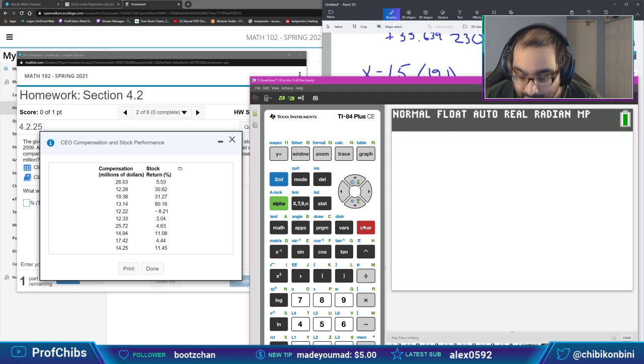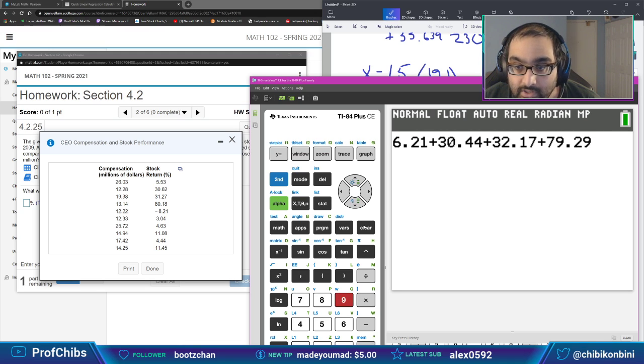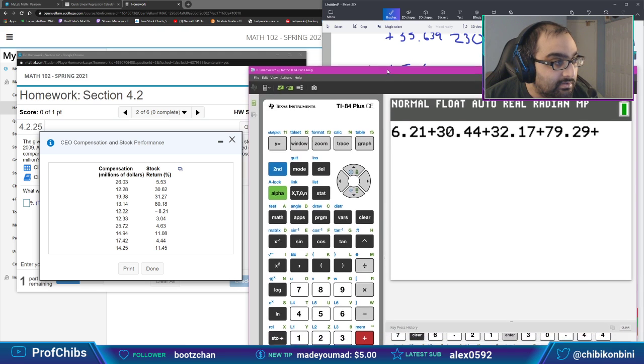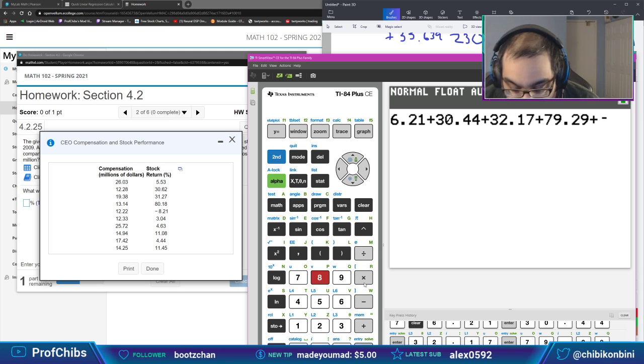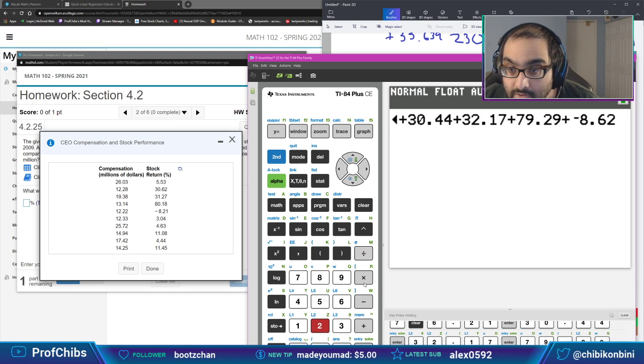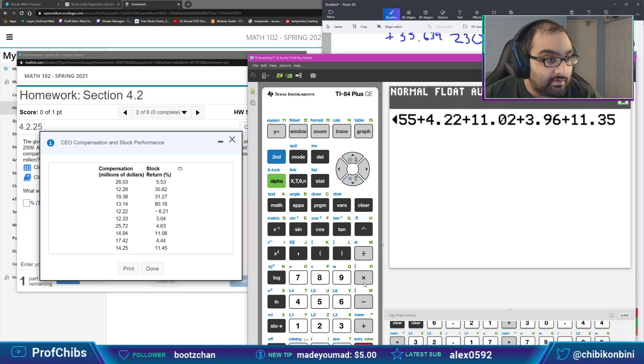It's supposed to be plus, and I keep hitting enter. 6.21 plus 30.44 plus 32.17 plus 79.9 plus negative 8.62 plus 2.55 plus 4.2 plus 11 plus 6 plus 11.35.